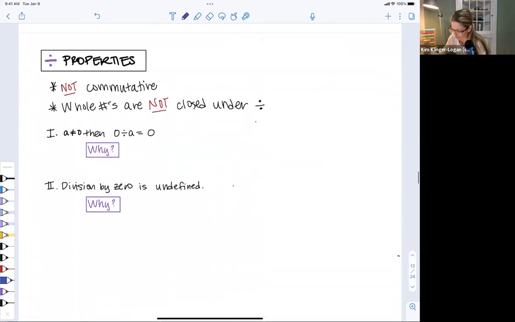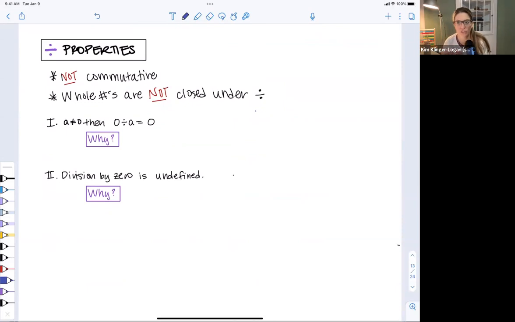Okay, so of course, just like our other operations, division has a few properties that are worth noting. The first one: we have asked if our set of whole numbers is closed under each of our operations, and in this case, the whole numbers are not closed under division. If I take any two whole numbers and do division, I may not necessarily get a whole number out.